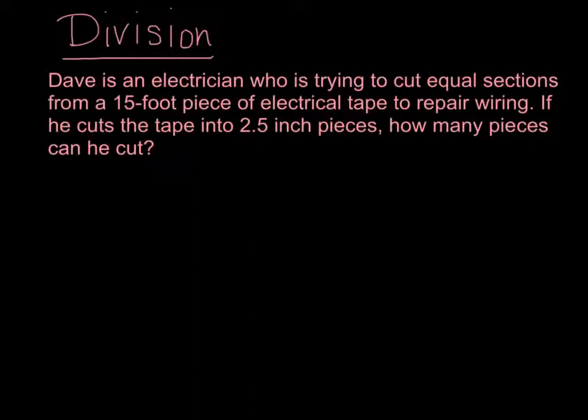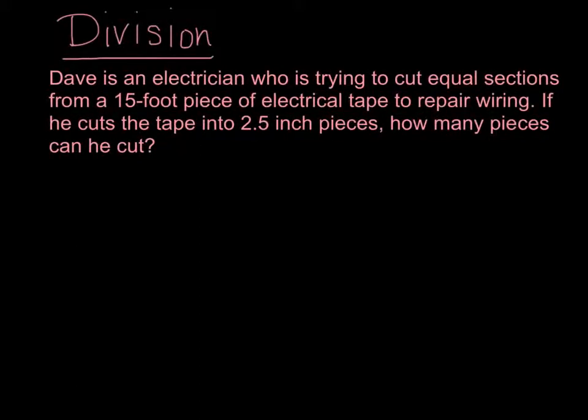And typically your questions will ask how many in each or how many pieces are there. Multiplication, you're starting with your two groups and it's asking you to find a total amount. So keep in mind, anytime you are dividing, it's going to be asking for the amount in each or how many you can make from that total after you divide it up.